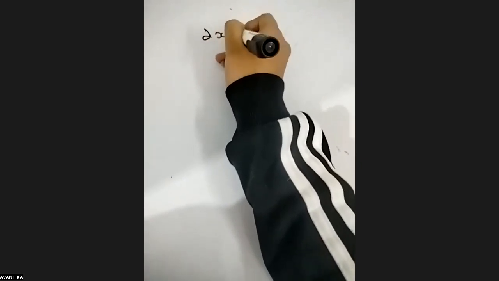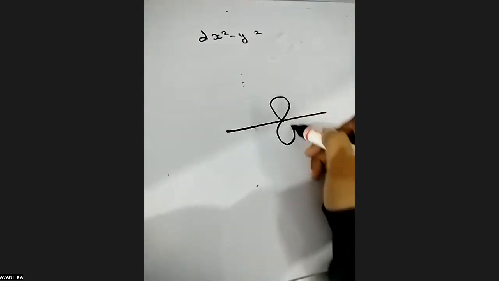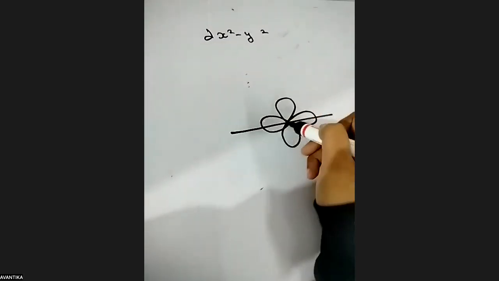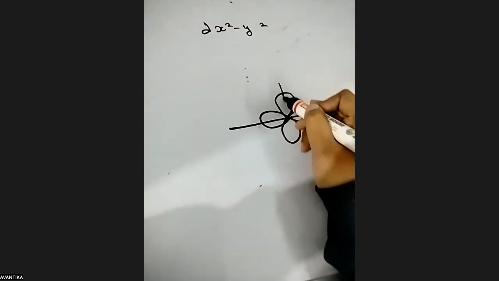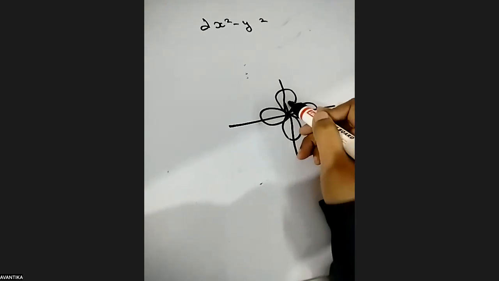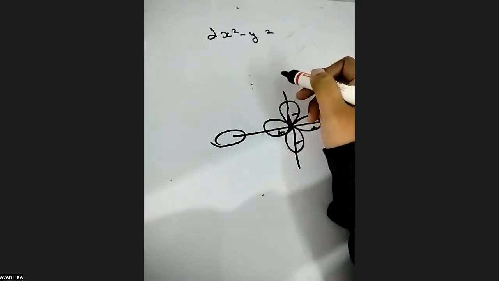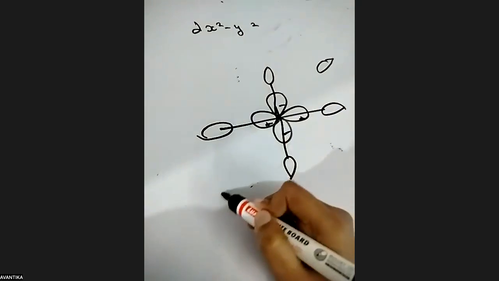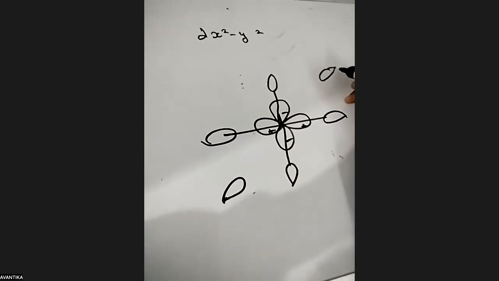If we draw the dx square minus y square orbital, now here the ligand is approaching in 6 directions, but here the ligands are approaching along the x and y directions only.